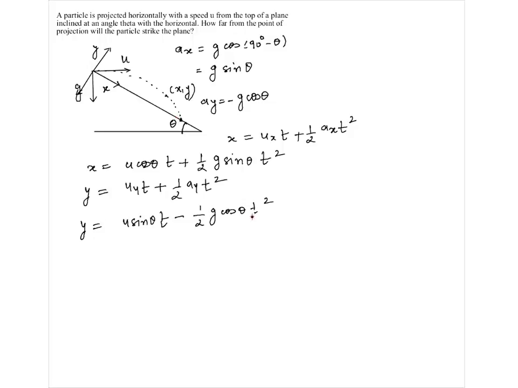Find time. That time will be the time of flight, the total time of flight. Put that time here, and you will get the range. Put y equal to 0, find time, which is the time of flight.